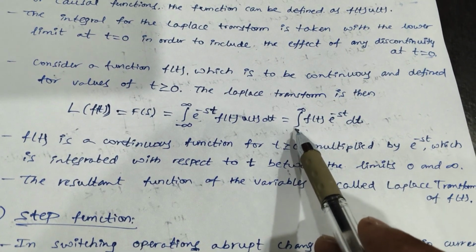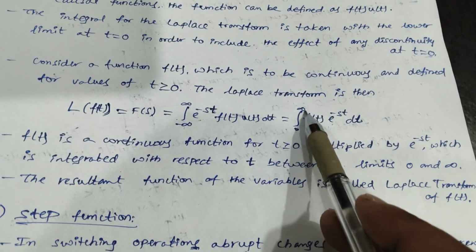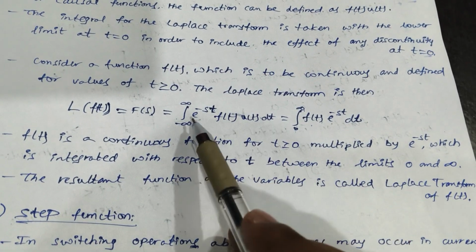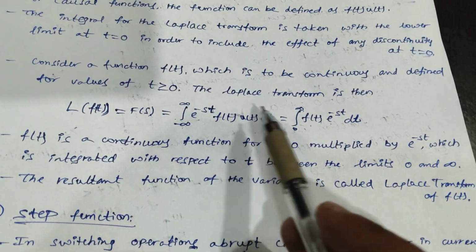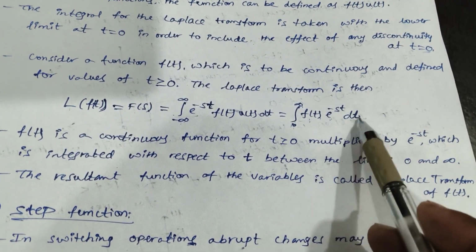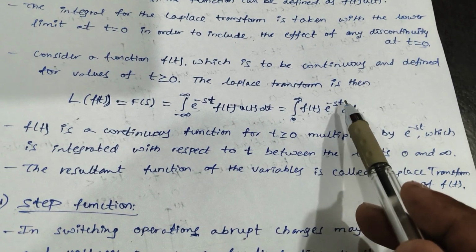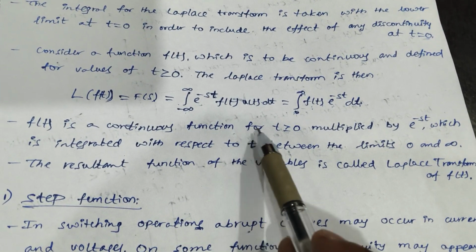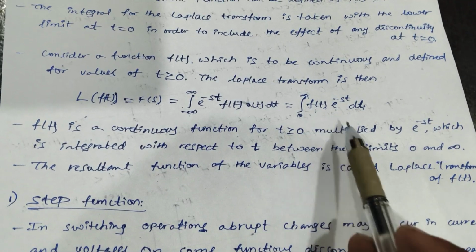That's why we are considering only 0 to infinity: integral 0 to infinity f of t into e power minus st into dt, since u of t is already included. So here, f of t is a continuous function for t greater than or equal to 0.